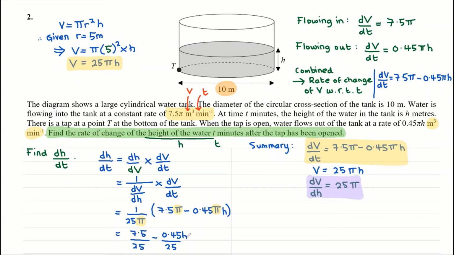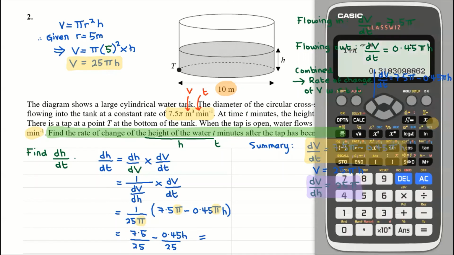So it's linear. And just continuing in this same vein, if we do 7.5 over 25, you can just grab your calculator for this if you want to see how it simplifies. Oops, has it gone off?